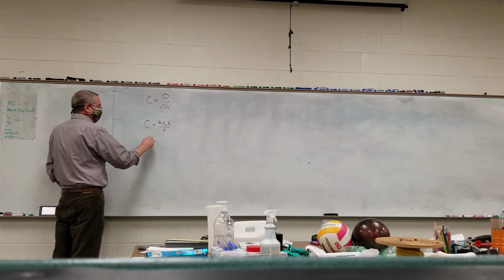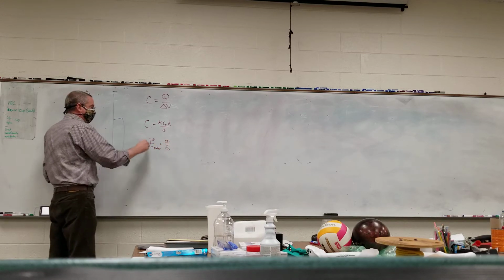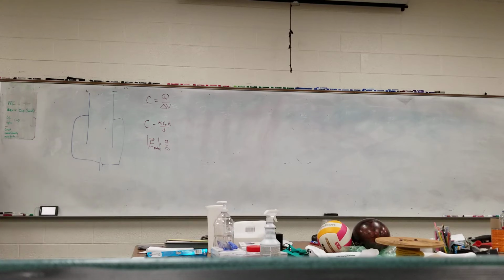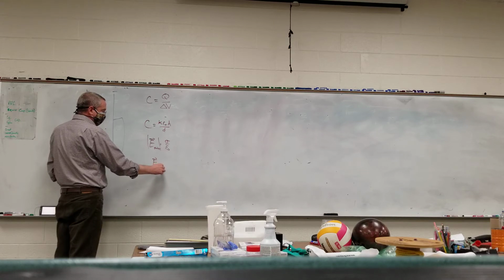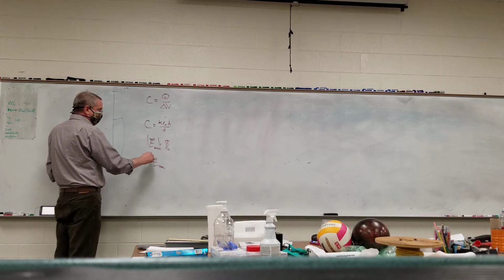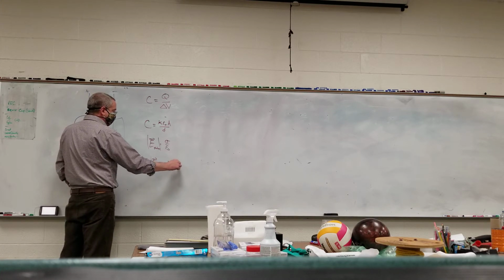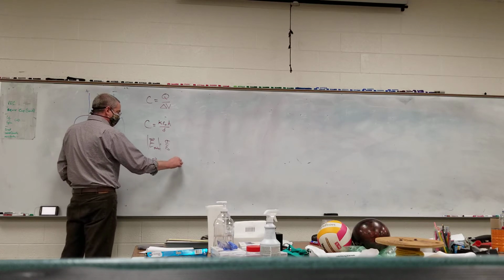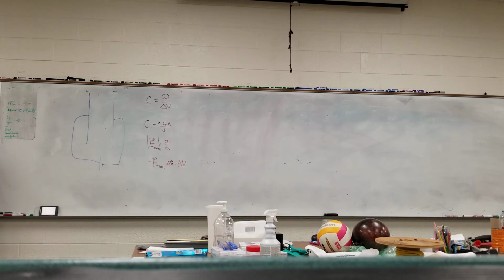I know that the electric field from the plates themselves is equal to sigma over epsilon naught. I guess that's the magnitude of the electric field. I know that the total electric field dot delta x, let's throw the minus sign in there, is equal to the change in potential. If there's nothing in between, the total electric field and the electric field from the plates is the same thing.